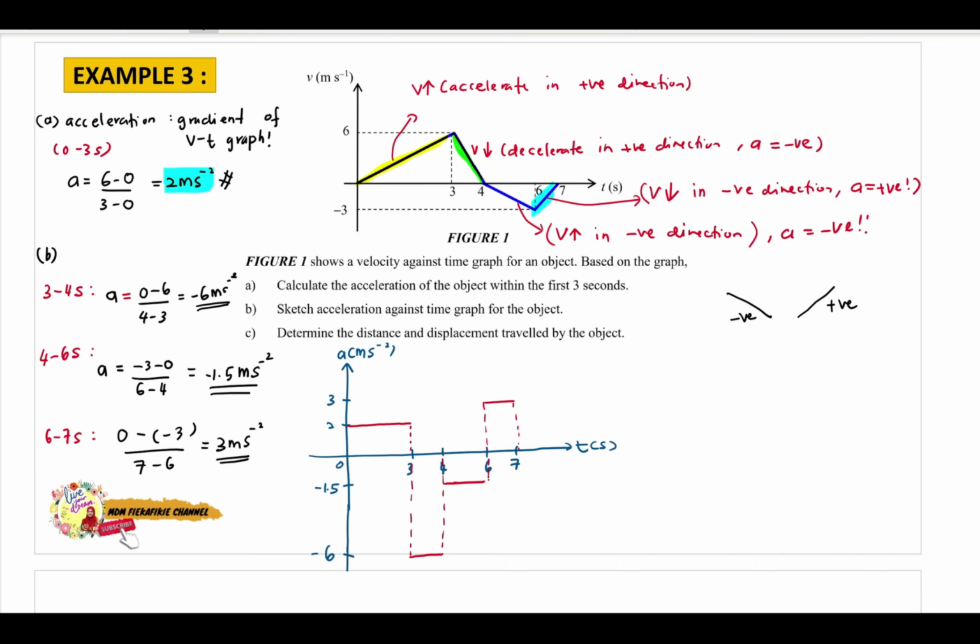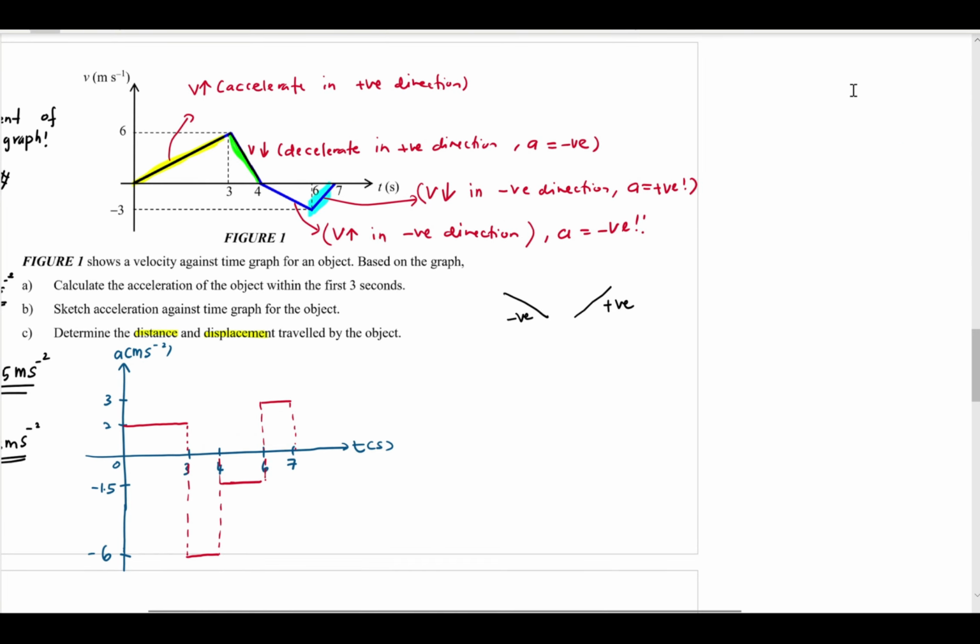And the last one, alright, so now let's calculate the distance and displacement. So we have two questions here. So remember, distance is a scalar quantity and displacement is a vector quantity. So when you have graph of VT, when we calculate the area under the graph, ini area under the graph, ini pun area under the graph.